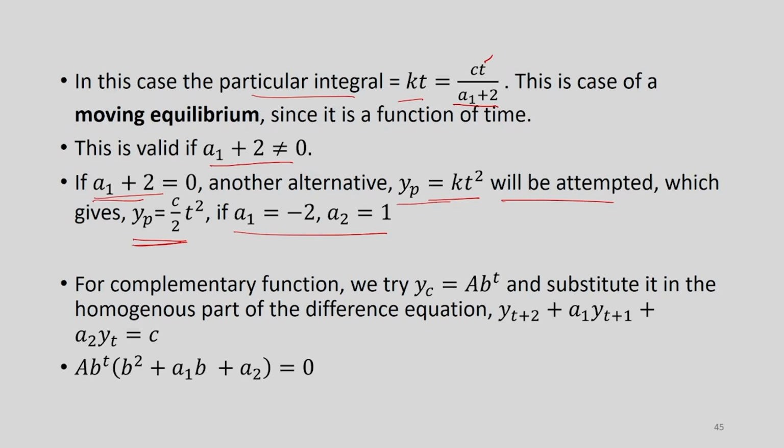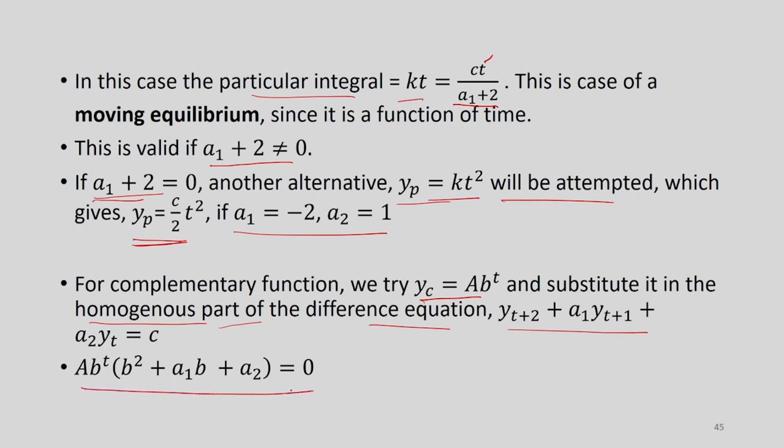As we can see, there could be 3 possible cases. Now, we come to the complementary function, and yc is equal to A b to the power t. This is the complementary function that we use, and we substitute it into the homogeneous part of the difference equation, yt plus 2 plus a1 yt plus 1 plus a2 yt is equal to c.